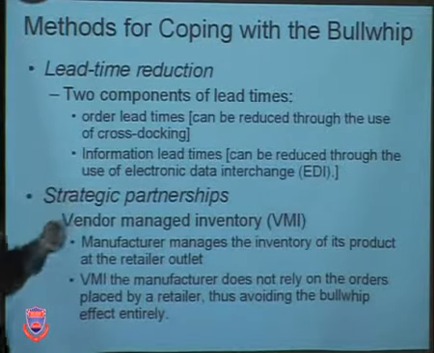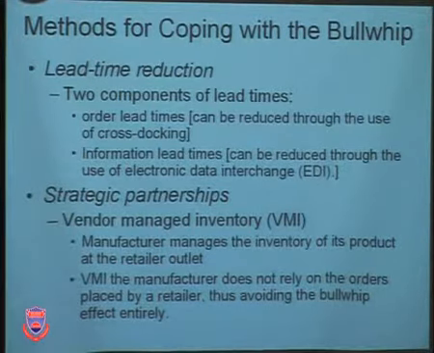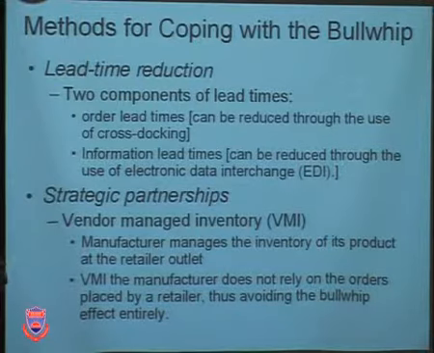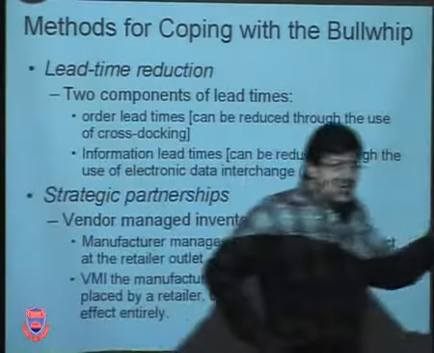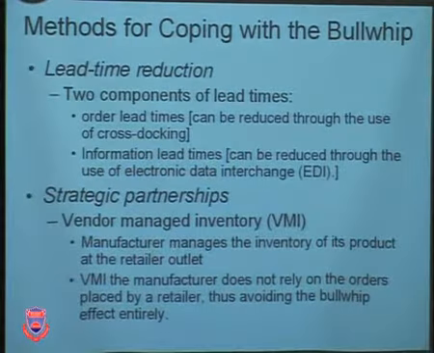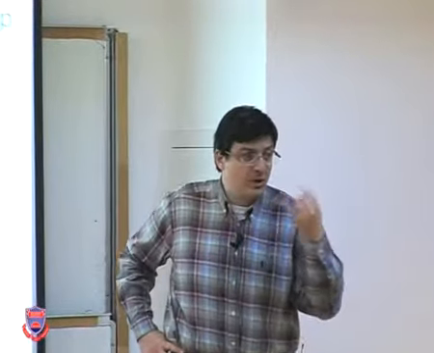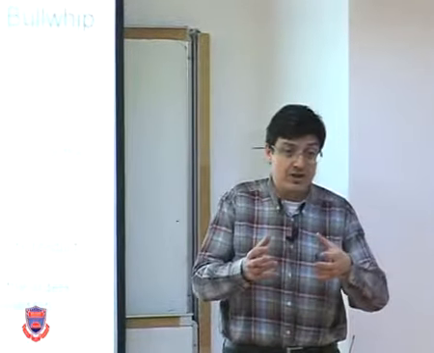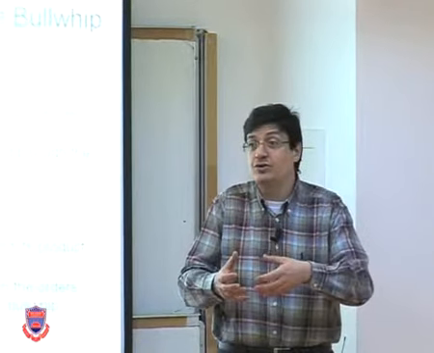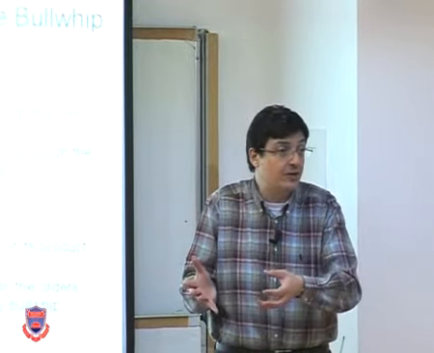Now, information lead times can be reduced by using electronic data interchange systems. This is especially important if you are giving orders. Instead of calling or maybe giving specifications using fax and so on and so forth, you can simply use electronic data interchange, which is going to contain your specifications of the product that you want.